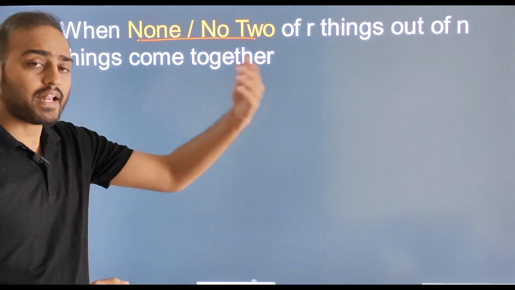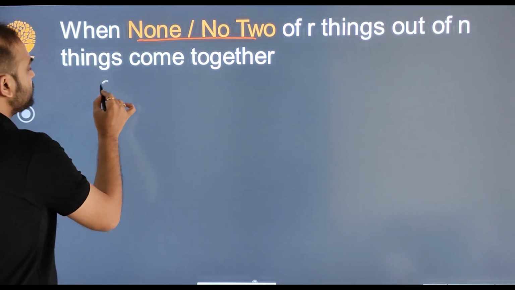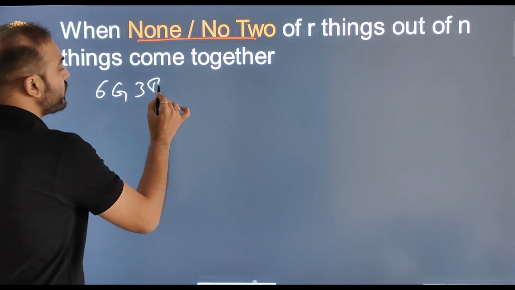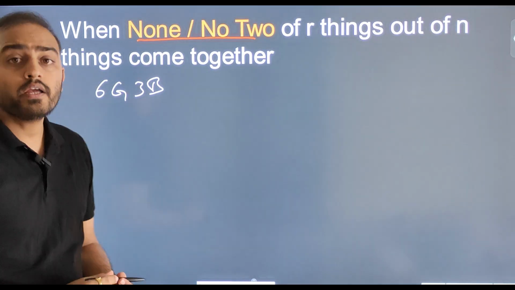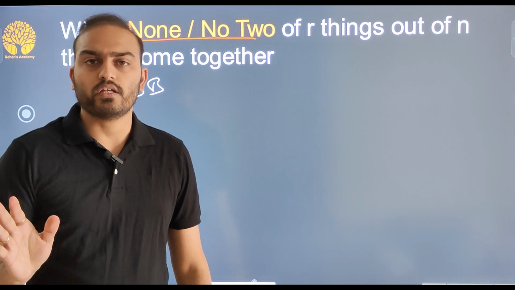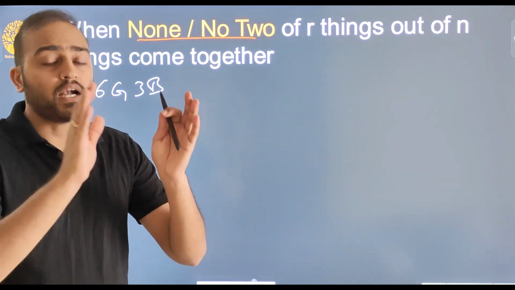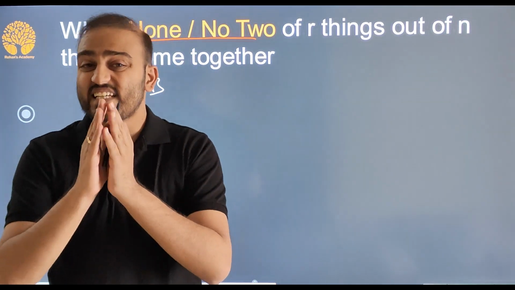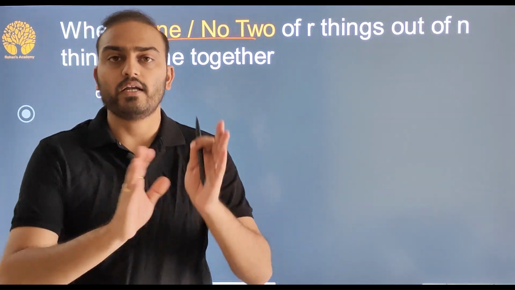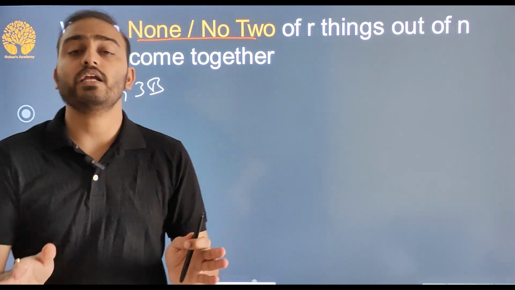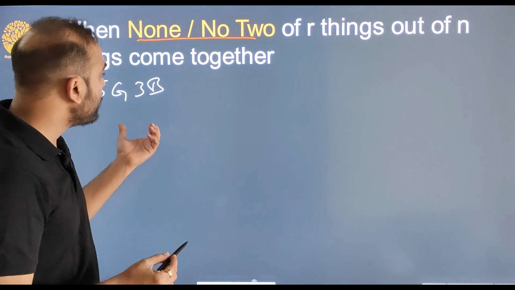If you look at our example again, we have 6 girls and 3 boys. Now we are saying even 2 boys can't sit together. All the boys have to sit separately. Remember, understanding the difference between the two is extremely important. What are we saying here?